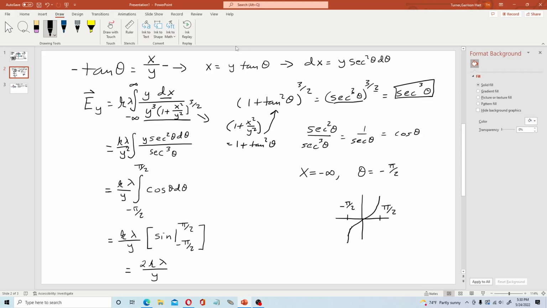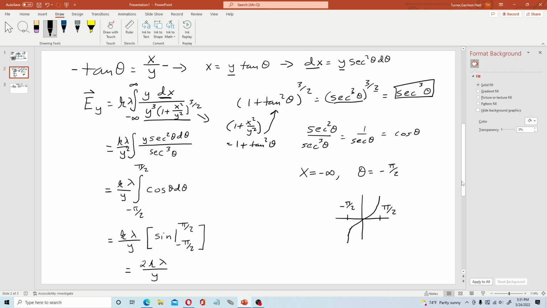Now for the dx. I still have a y from tan theta, but if I take the differential of this, y is held constant, so it doesn't change, and therefore only theta is the variable that's changing.